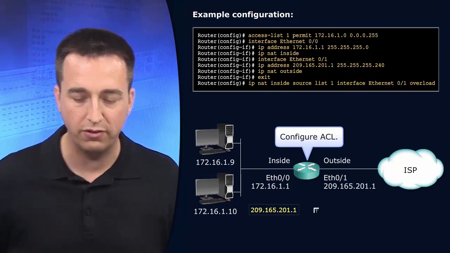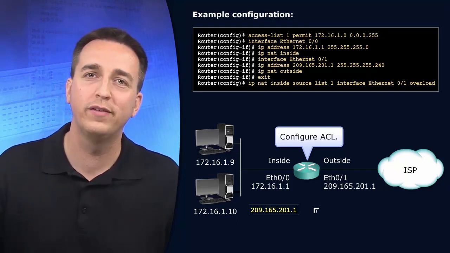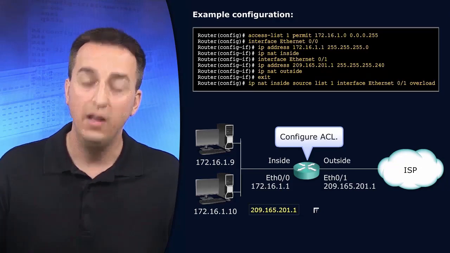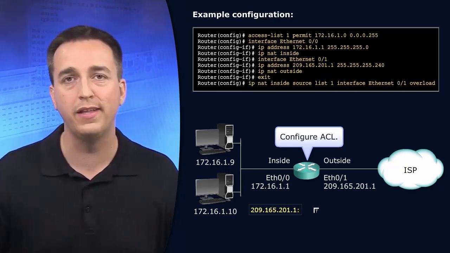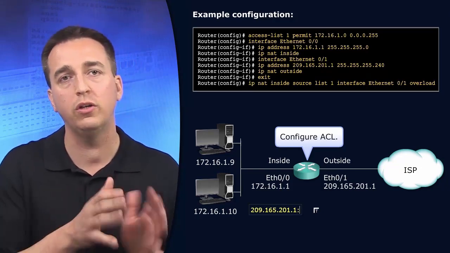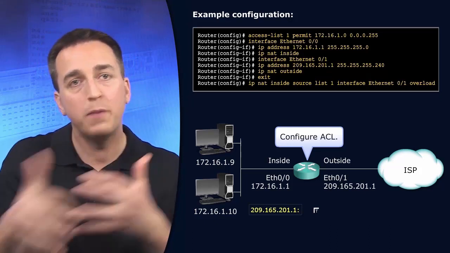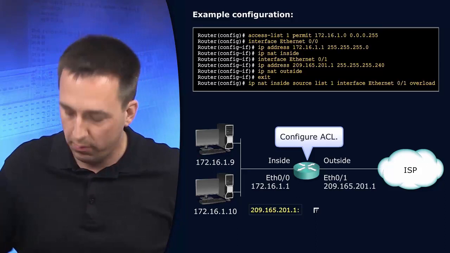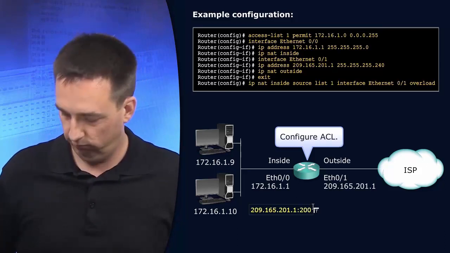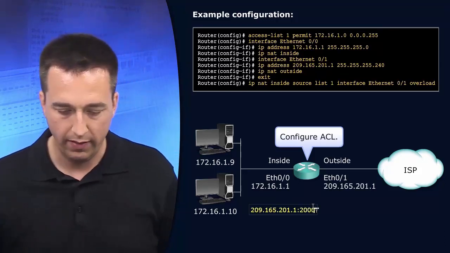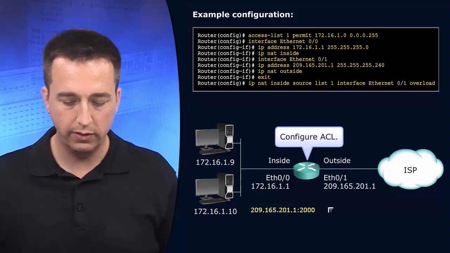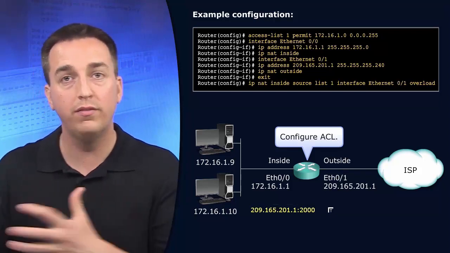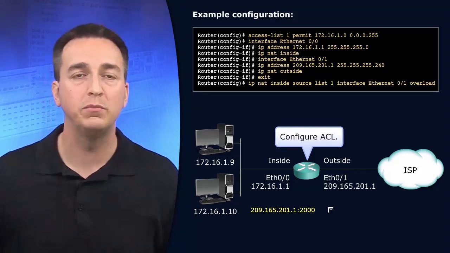It's going to be the IP address of the Ethernet 0/1 interface. But there's also going to be a port number attached to that. And it's the port number that was utilized by the PC in the packet that it sent. So let's say the port number, we'll just use a number here, 2000. That's the port number that's being used as the source of this particular transmission.